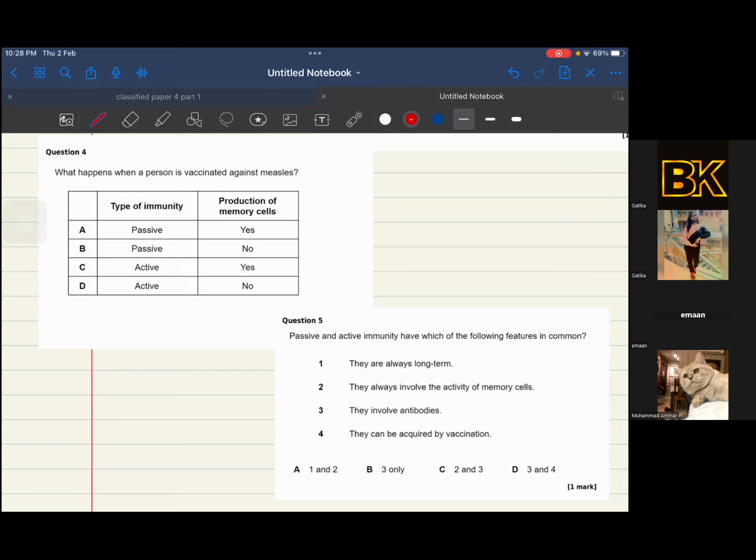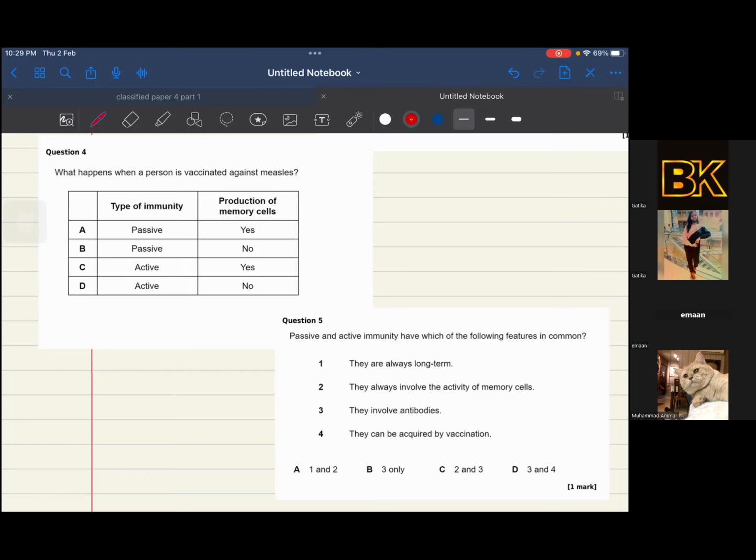Done? Mm, yeah, I think. Amar, can you send me the answers in the group? A picture of your answers? I just wrote the letters.